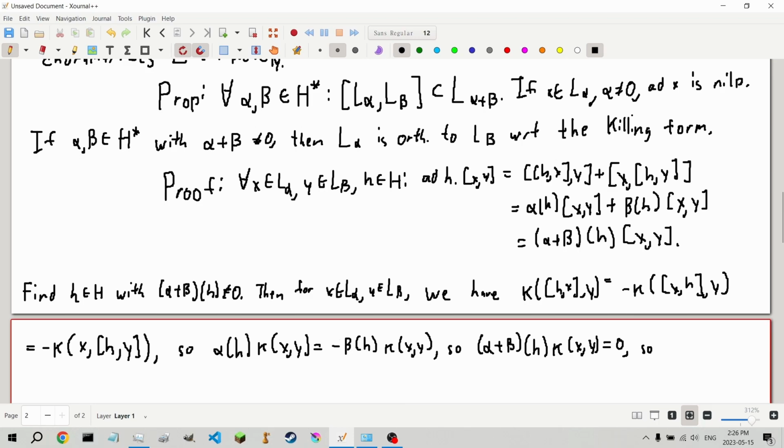Because alpha plus beta is assumed to be non-zero, and we picked H such that alpha plus beta of H is non-zero, the 0 must come from the Killing form of these two elements.